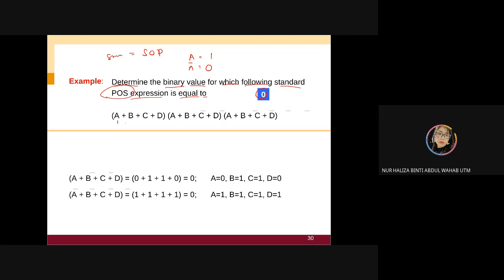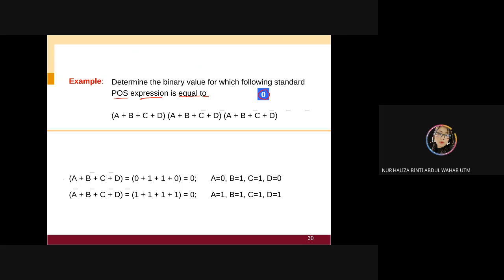Here is 1, 1, 1, 1. This one will be 1, 1, 0, 0. Here will be 1, 1, 0, 0. What it shows is different.